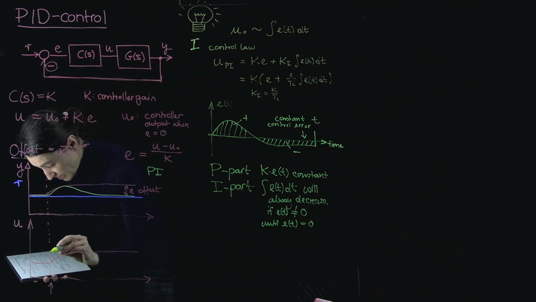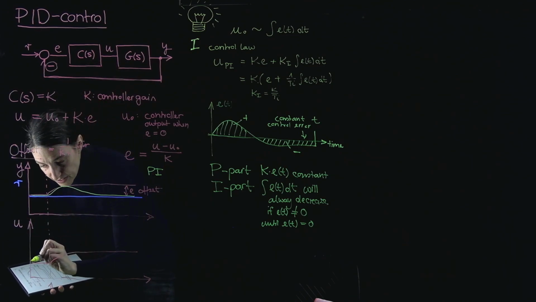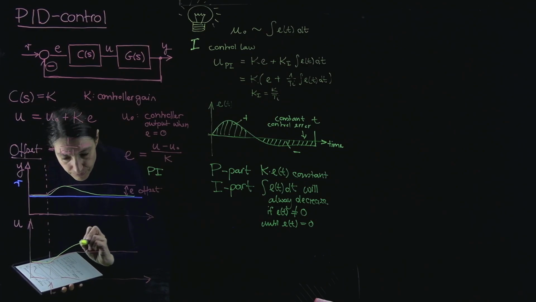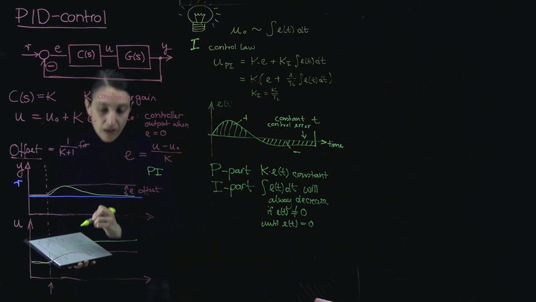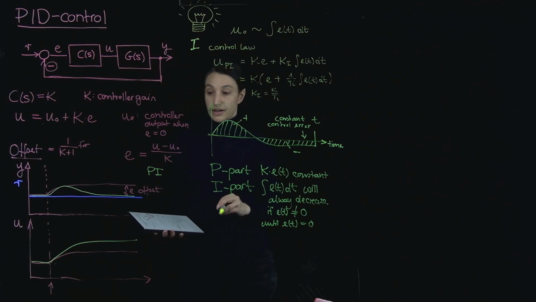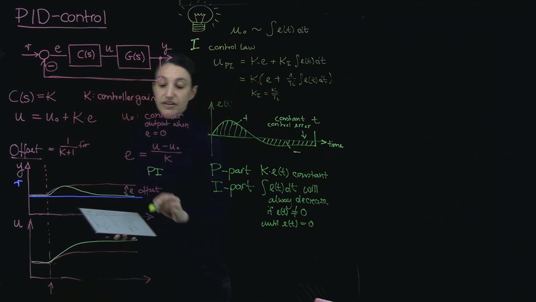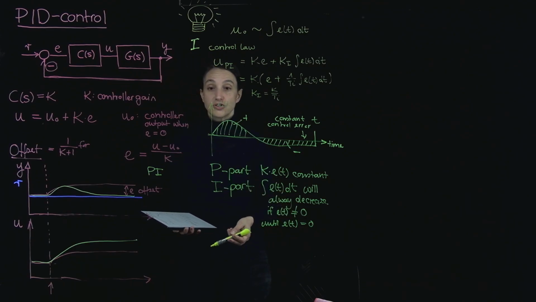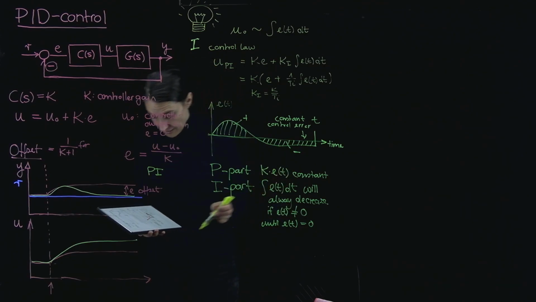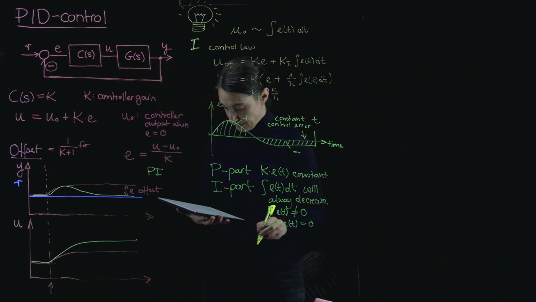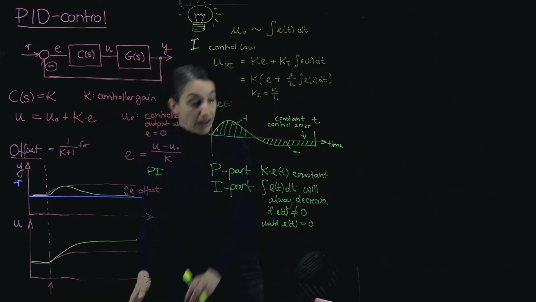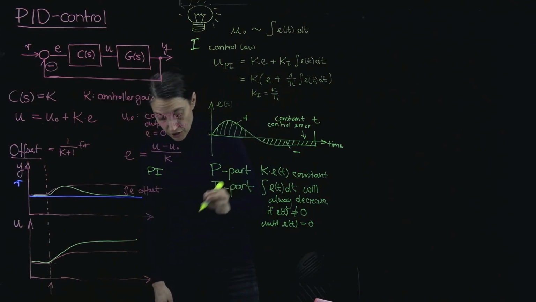And the result for the control action is that we are going to add more control action in the long run. So it's going to take a little bit, but then eventually we will compensate for the disturbance. So the integral action removes the offset.